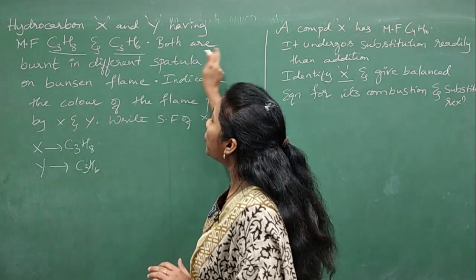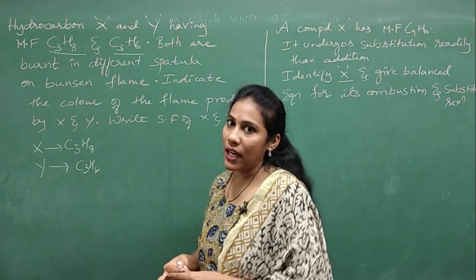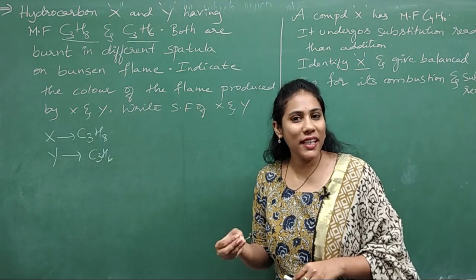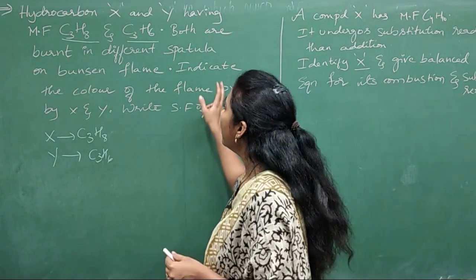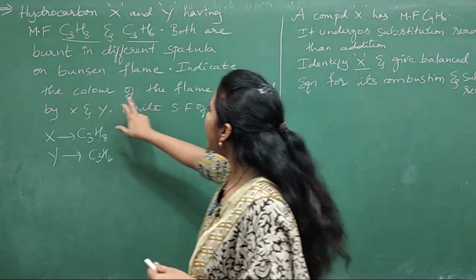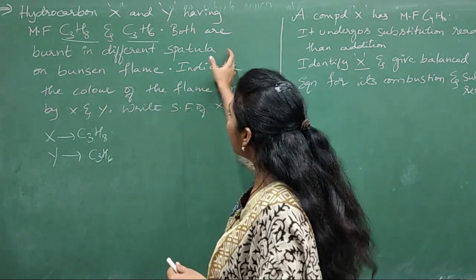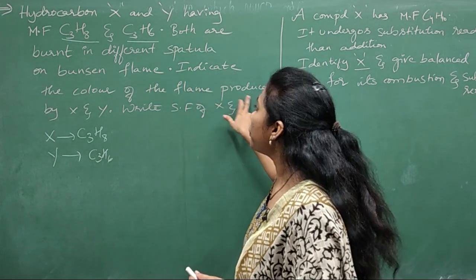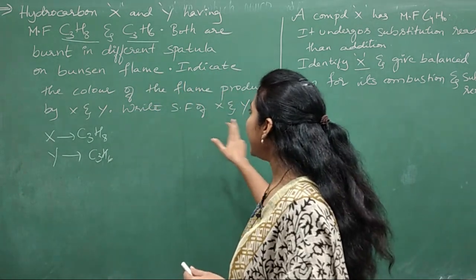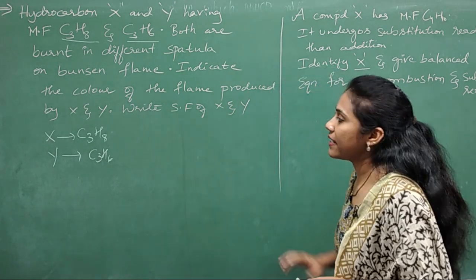Fine. Both are burnt in different spatulas. So spatula is something on which a compound can be burnt. Both are burnt on Bunsen flame. Indicate the color of the flame produced by X and Y. Write structural formula of X and Y.